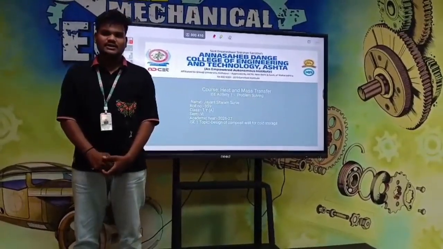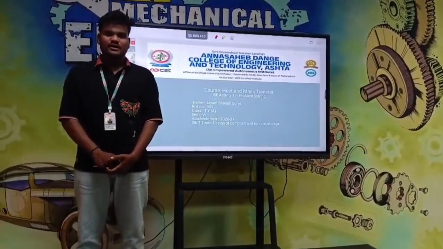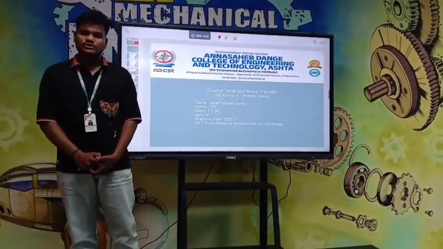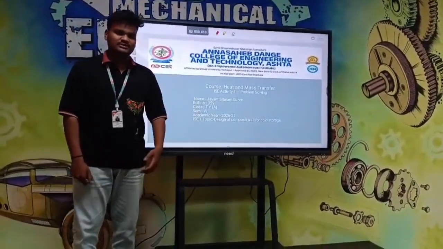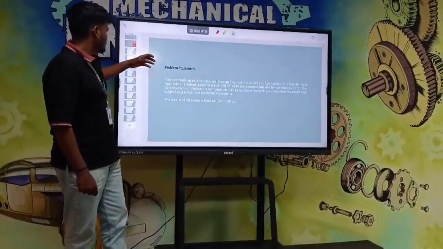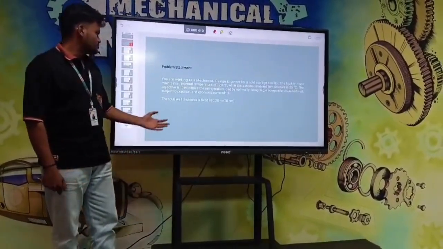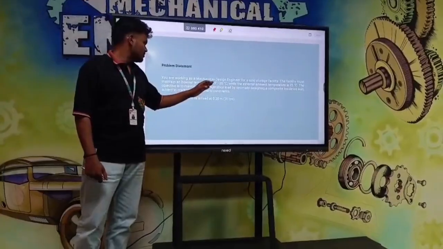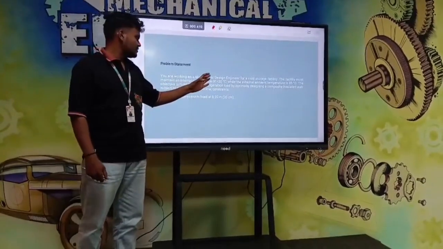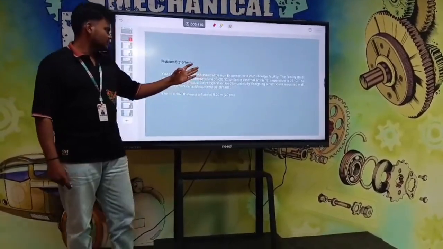I have an ISA activity of heat and mass transfer, which is to design a composite wall for cold storage. So let's see. This is the problem statement. I am working as a mechanical design engineer for a cold storage facility.